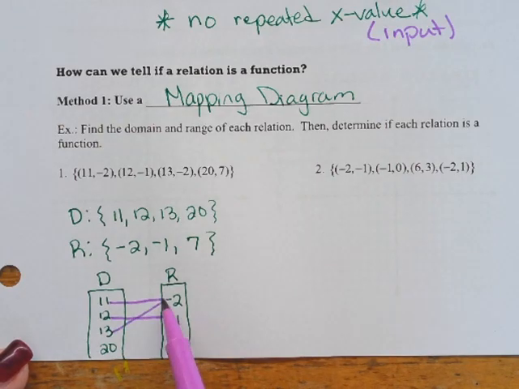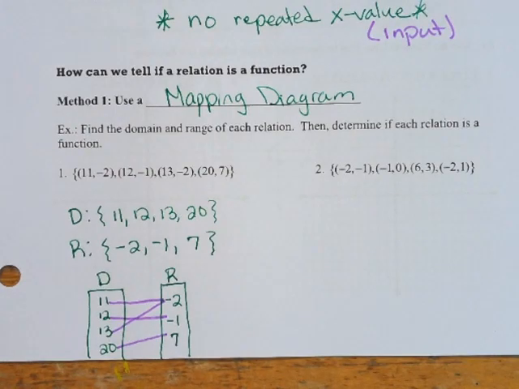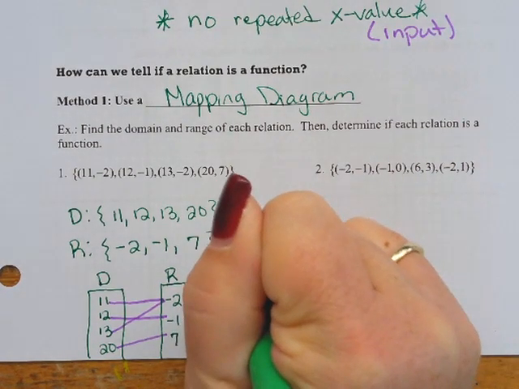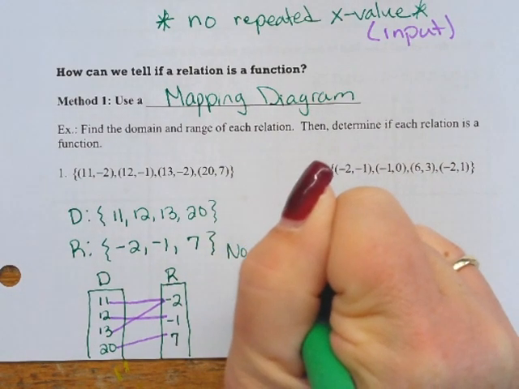Oh, wait. And 20 matches? What's the y value for 20? 7. So, do I have any x values that have repeated? No. So there's no repeated x values.